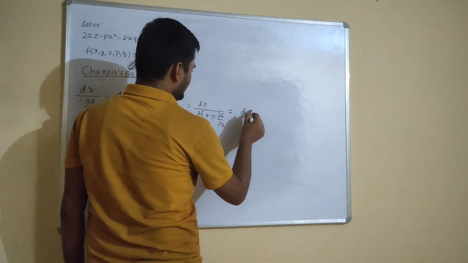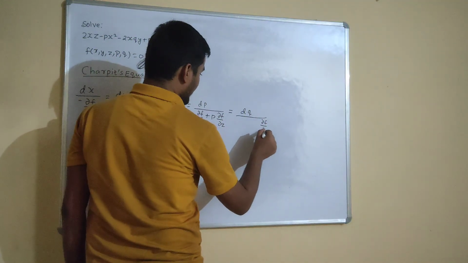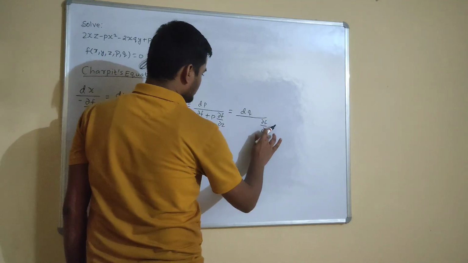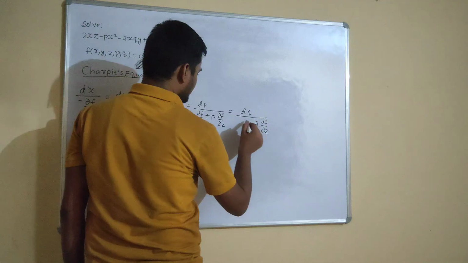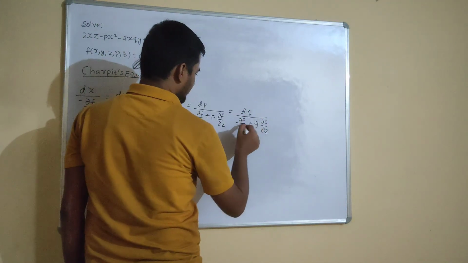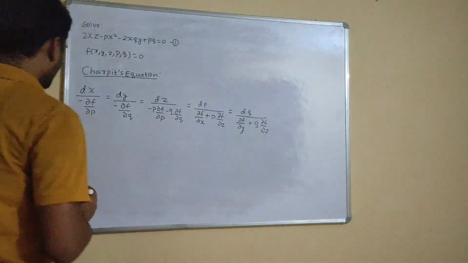And the final is dq, similar to dp, del f by del y, q, so q plus del f by del z, q has affinity towards y. This is my way to remember.